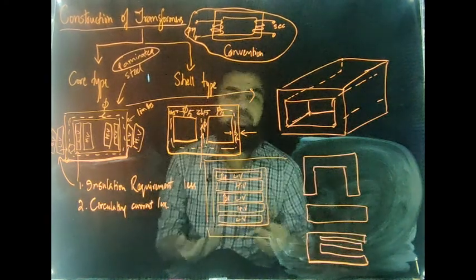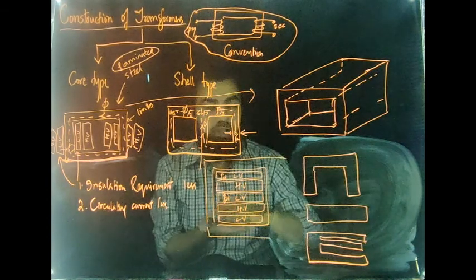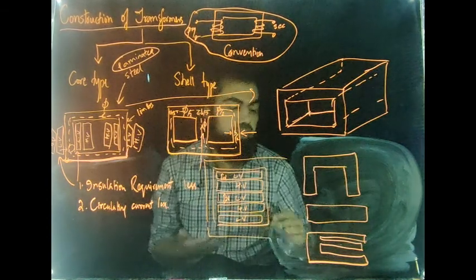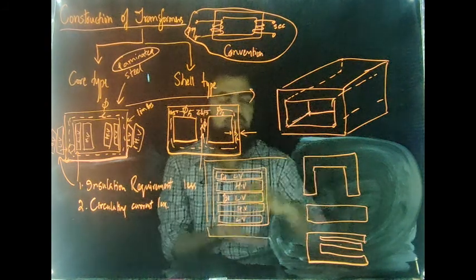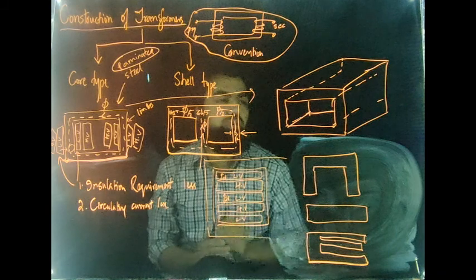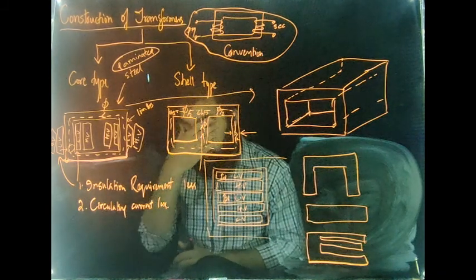These combinations of steels, which are actually referred to as laminations, are used. They are stacked upon each other so that the core is constructed.